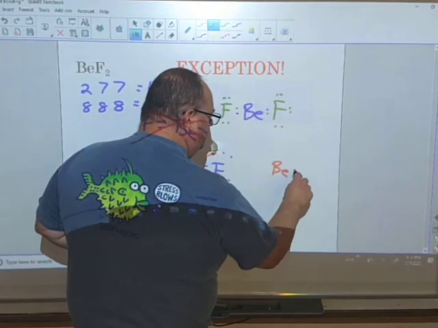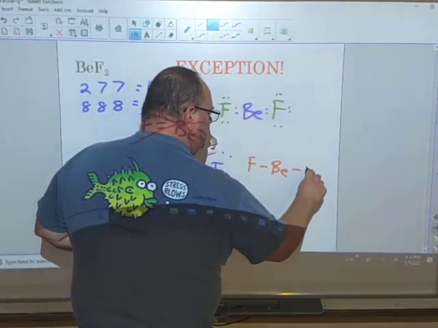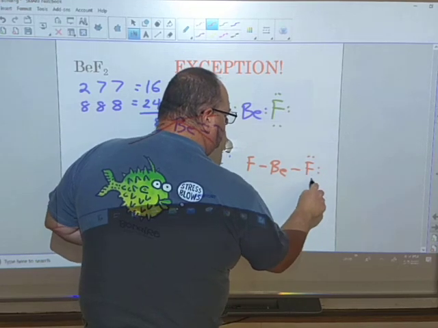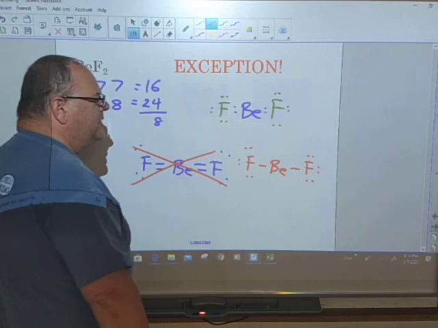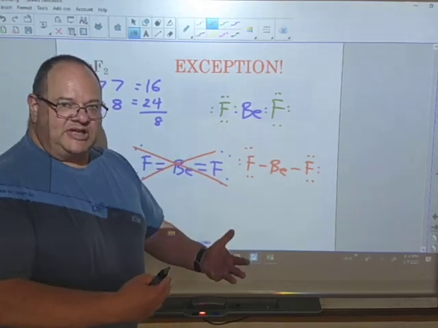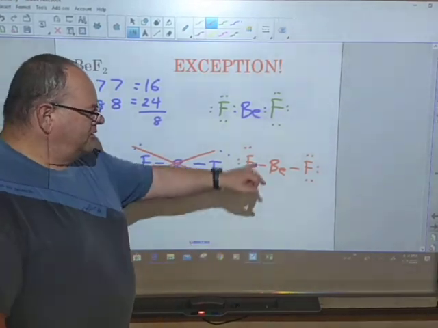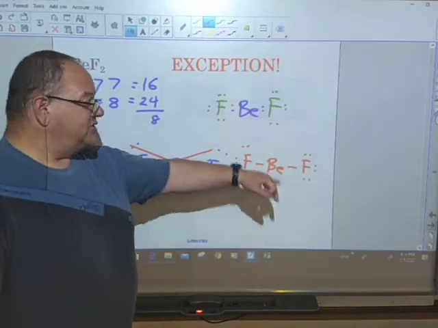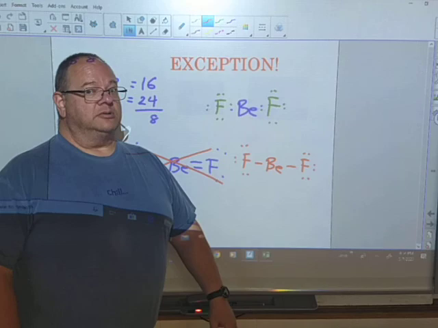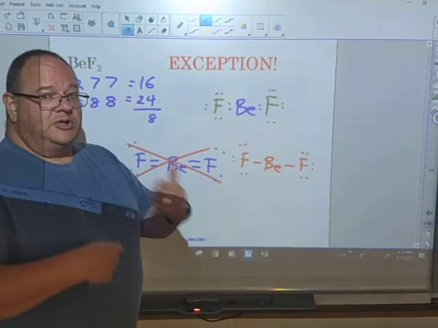Be, fluorine on each side. And the reason this is an exception, hopefully you can see, is that the beryllium does not have a full octet. The fluorine do. Hey, fluorine gets what it wants. But the beryllium don't have an octet.